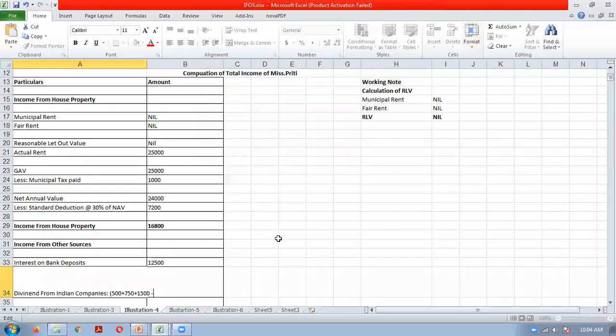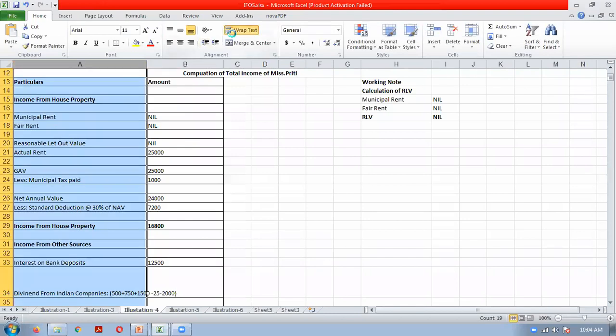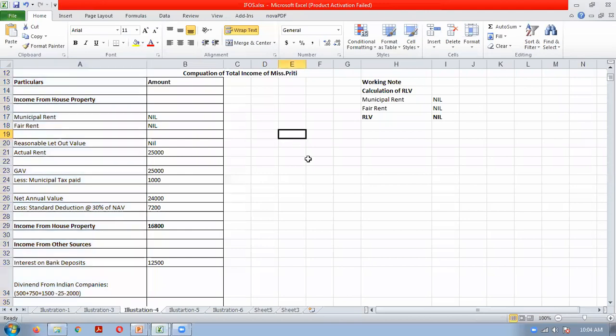So what will be the net amount of dividend taxable? Logical, no? If you are earning 1000 rupees and you are incurring 500 rupees as an expense for that earning, only 500 should be taxable, not 1000. The same logic we have applied here also.